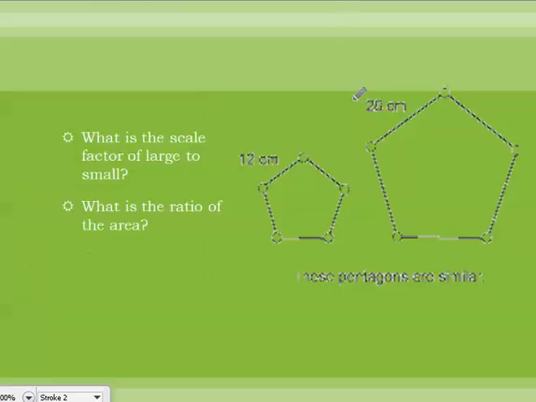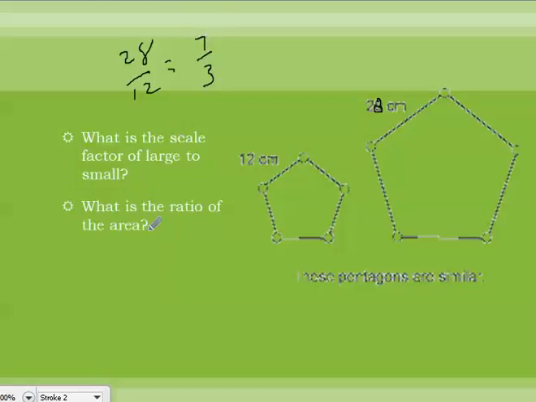Okay? Here, it's hard to read real closely, but this is a 28 up here. And if we were wanting to write a scale factor of large to small, I would say 28 over 12, which reduces into 7 over 3.